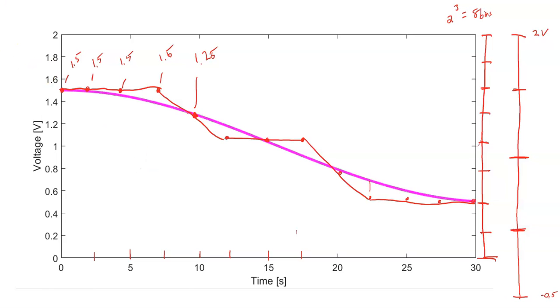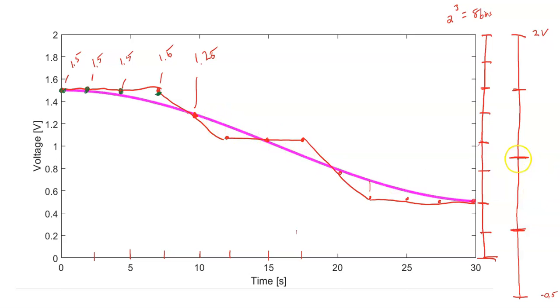I'm going to show this one in green. And so you'd see if we have a bin value here, even if we're sampling at the same time frequency, these ones would all be binned to that similar voltage value.